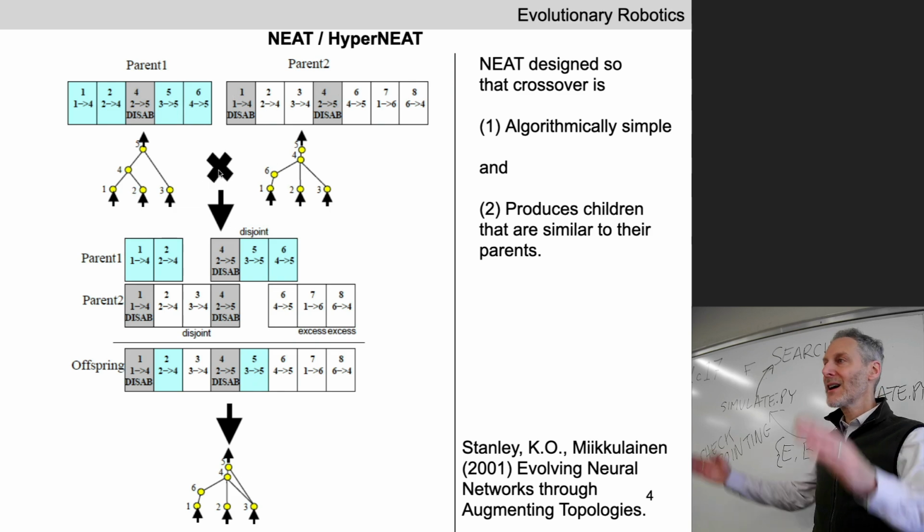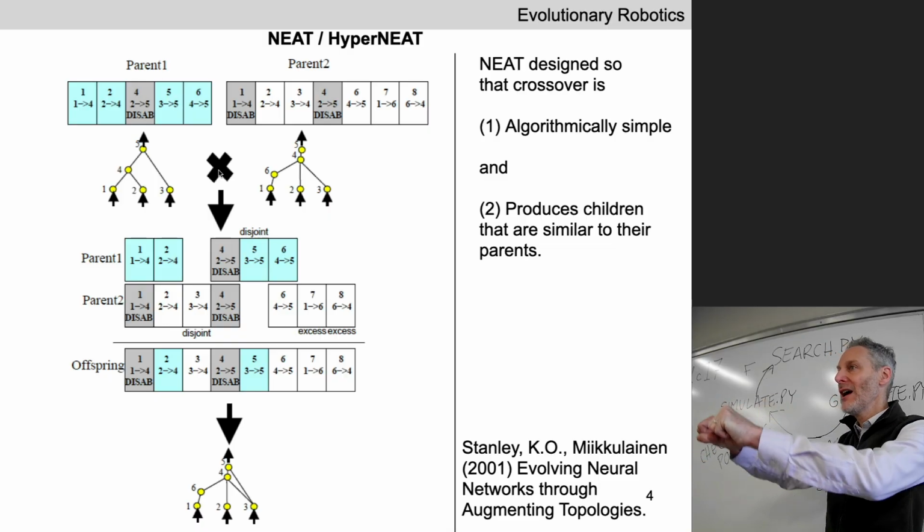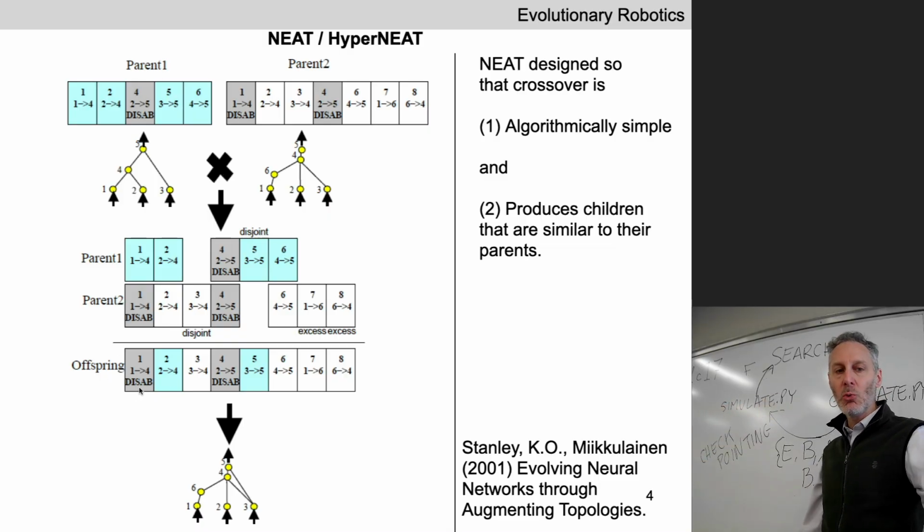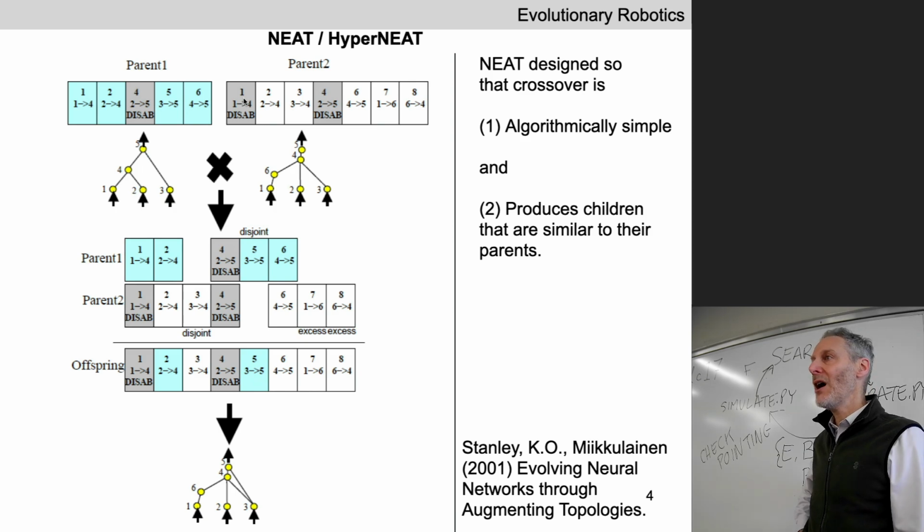We're going to try and cut these 2 neural networks in half and glue them together into one offspring neural network. Here we go. We're going to take the first gene from parent 1, the description of the first synapse in parent 1, and put it here. And we're going to find that this particular synapse has an innovation number of 1. So we go looking in the list from parent 2 to see if there's any synapse in parent 2 that has an innovation number of 1.